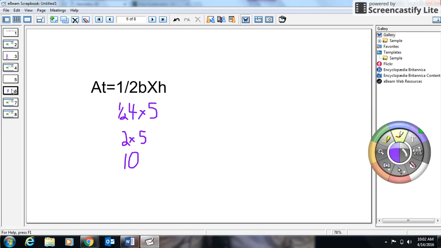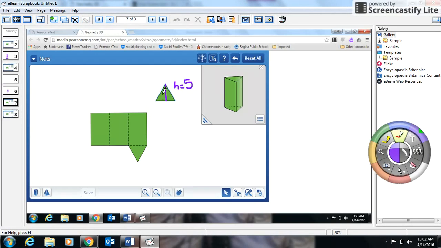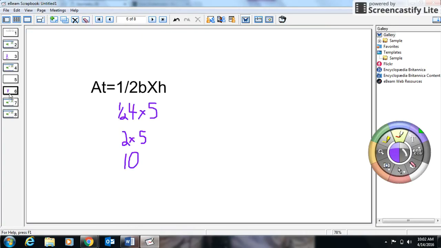So the area of this one triangle right here is 10, but there's 2 of them, so I need to go back and I need to multiply that 10 by 2, and that makes the number 20. So I know the area of those 2 triangles is 20 centimeters squared.